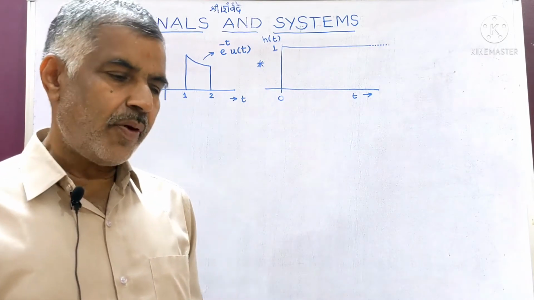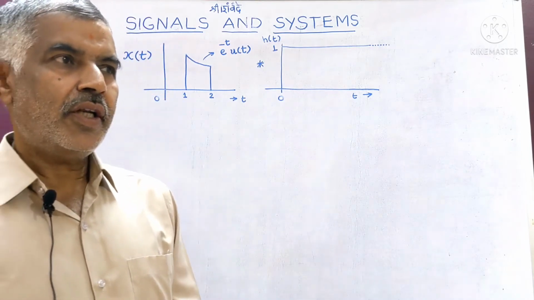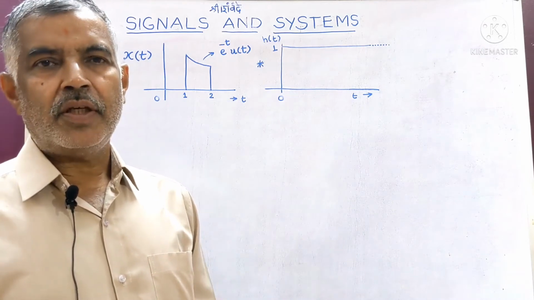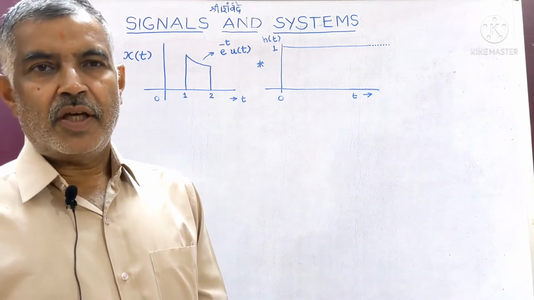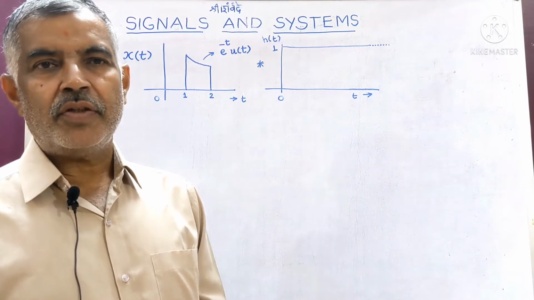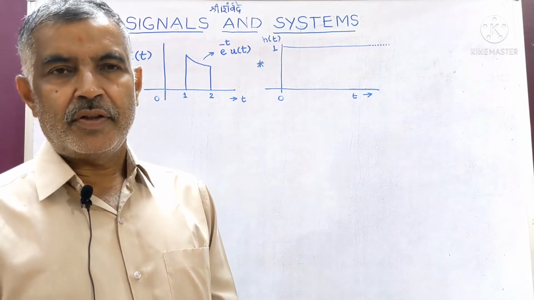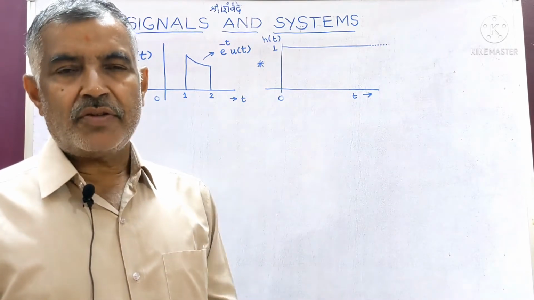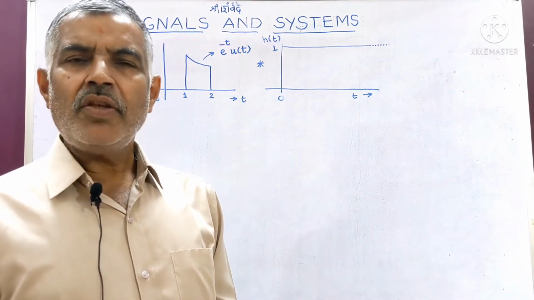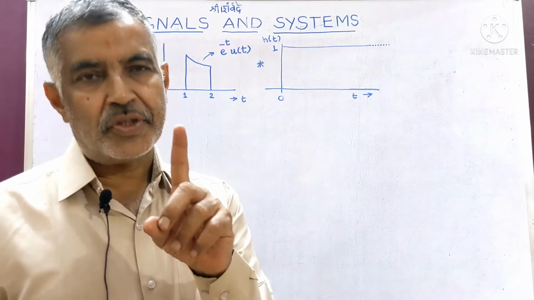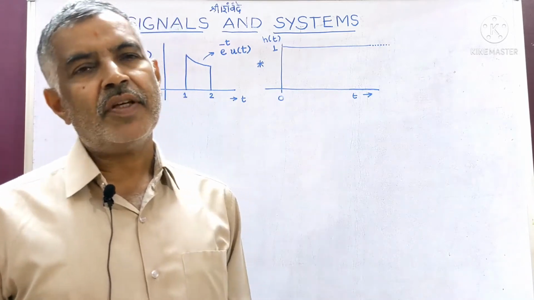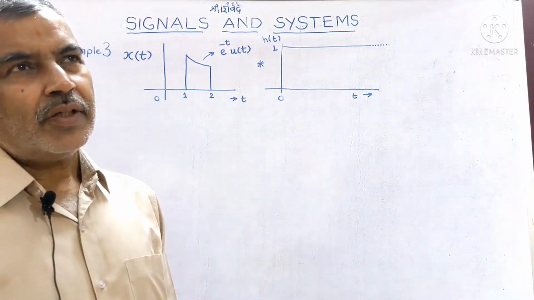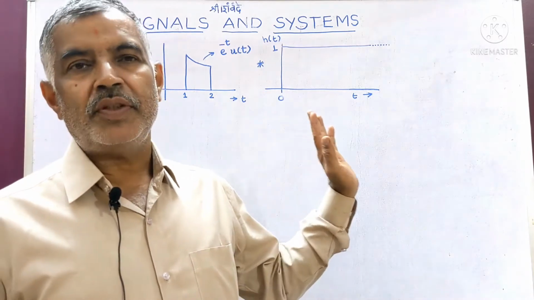Actually, in this type of coaching, I can't expect an answer from you. But in the class in my college, had I questioned students, they would have answered. In the previous two examples I have solved so far, each waveform was having only one edge, because the other one was to proceed towards infinity.